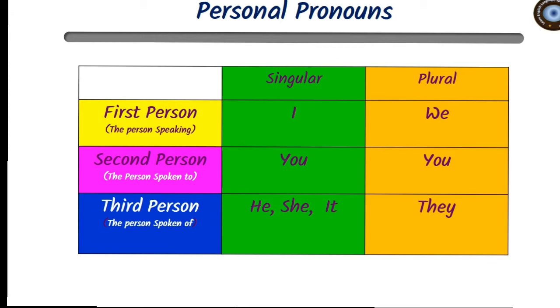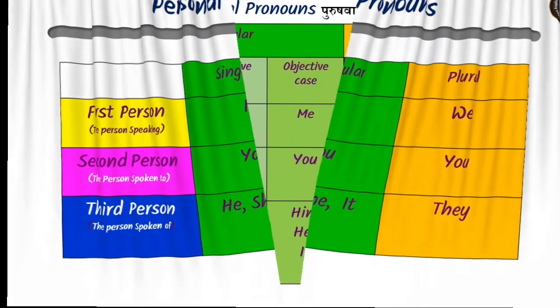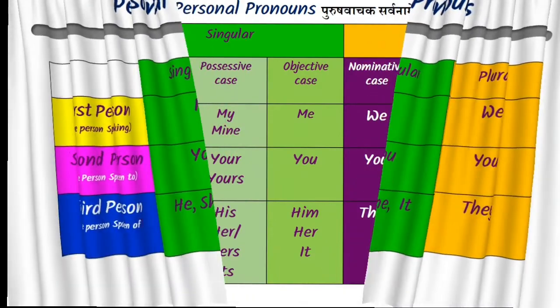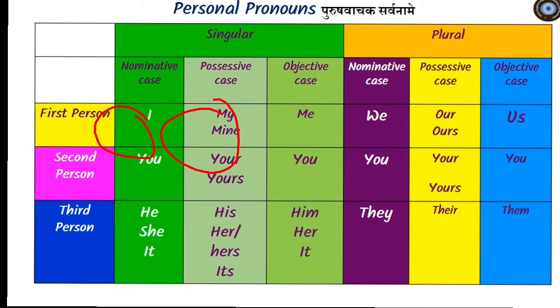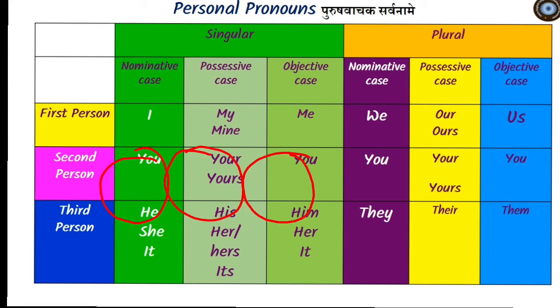We can also categorize these personal pronouns into nominative case, possessive case, and objective case in singular as well as in plural forms. The first person pronoun in singular and the nominative case is I. Its possessive case is my or mine, and its objective case is me. Then second person: nominative case you, possessive your or yours, and objective you in singular.